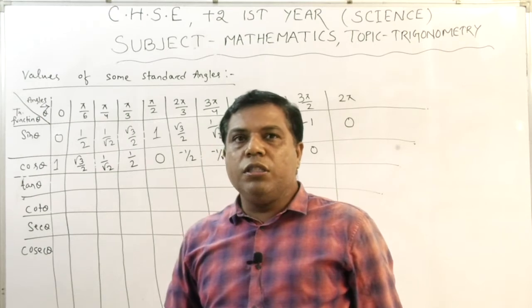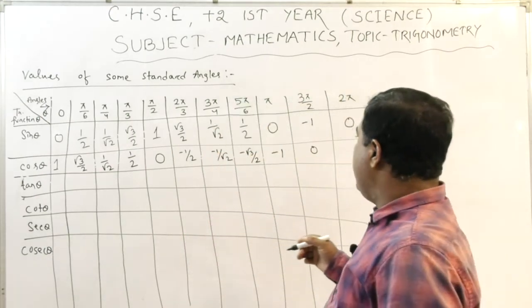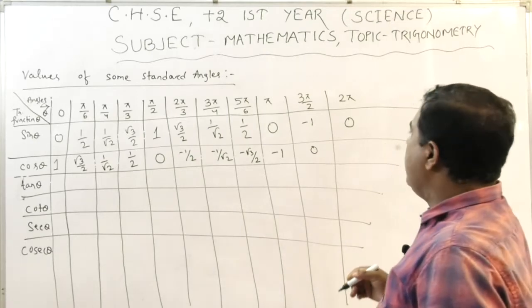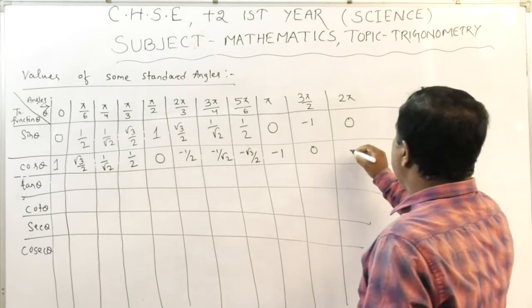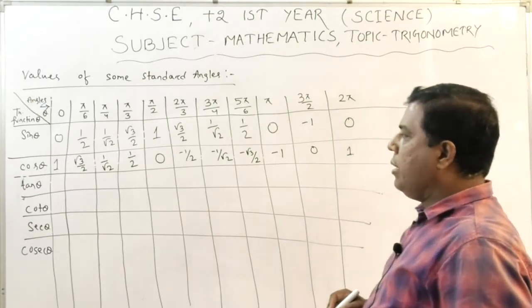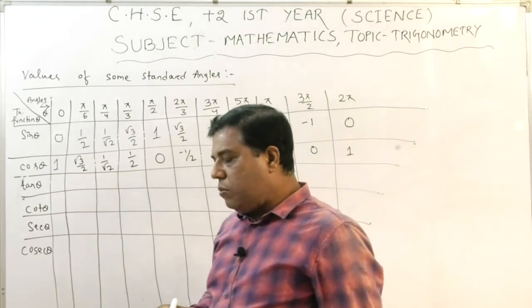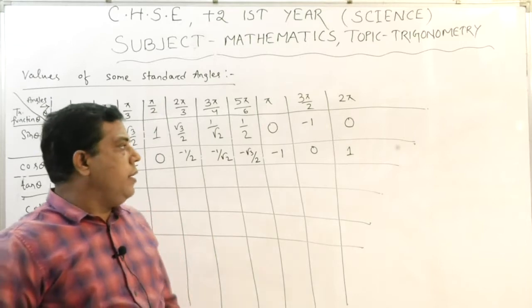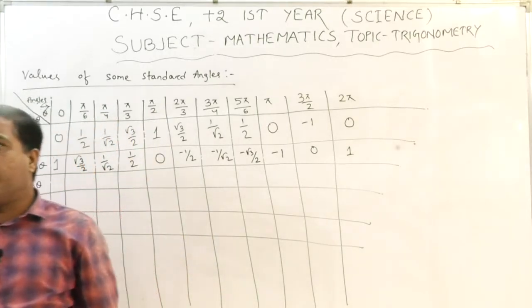Okay, cos 0 is 1, but what happened about cos of 2 pi? You see, it is also equal to 1, and it lies in the first quadrant now. Okay, so cos of 2 pi is also 1; in this way the cos angles are defined. Okay, dear students, look carefully.